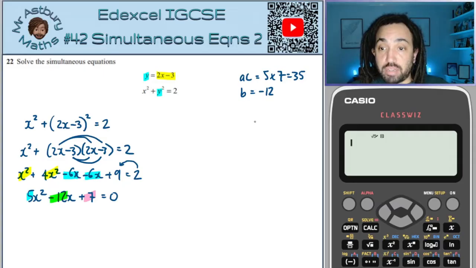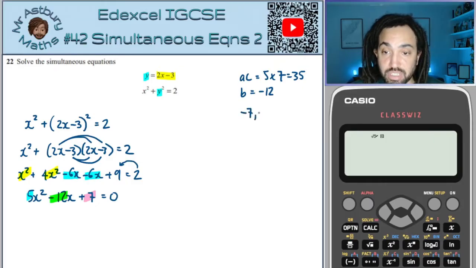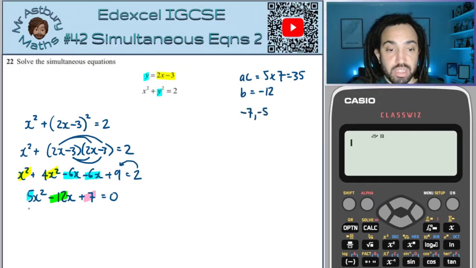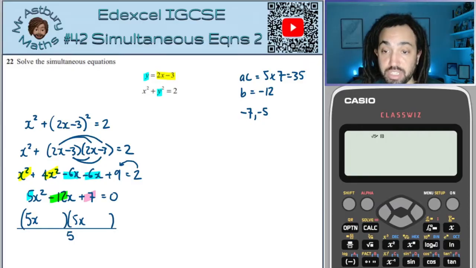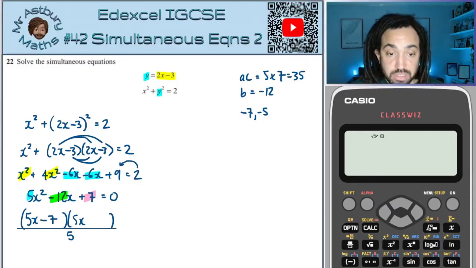So we're looking for two numbers that times to make 35 and add to make minus 12. They are minus 7 and minus 5. Now because the a term is 5, we write 5x in brackets, 5x, and then all divided by 5. And then we put these two numbers in here. So we have minus 7 and we have minus 5.